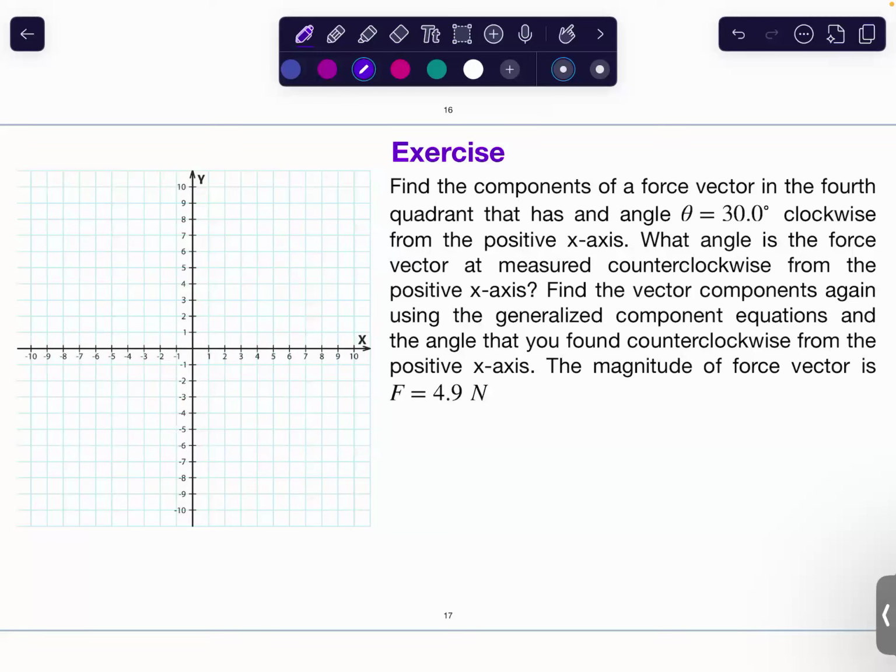Did you say it's 30 degrees clockwise? That's counterclockwise. Yeah, so clockwise from positive x, which is over here. That's the positive y. Yep, so positive y and positive x is going that way.